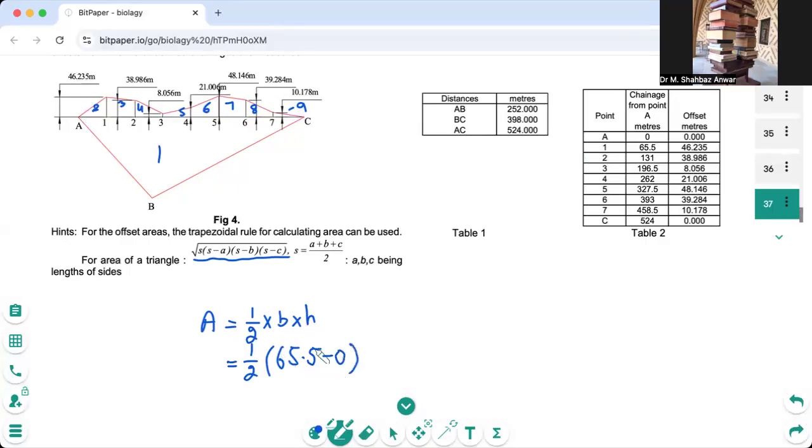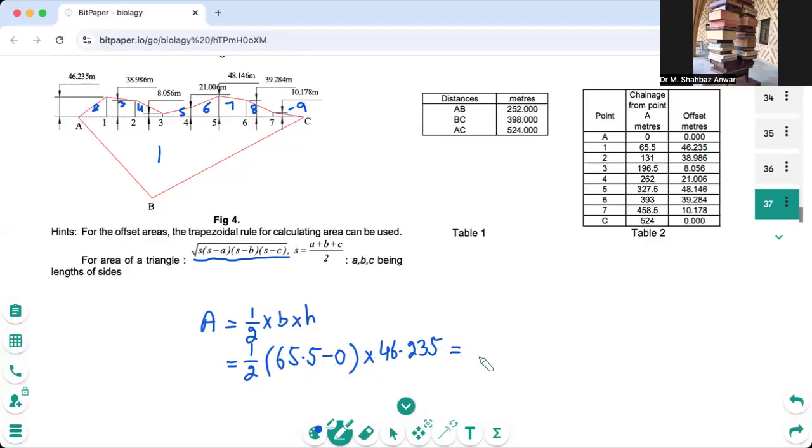So this is the total length of the base of our right angle triangle, and we multiply it by the height at point 1, which is given over here: 46.235.